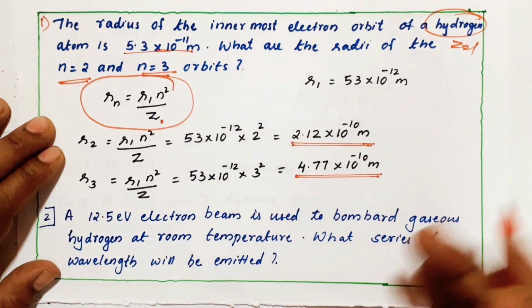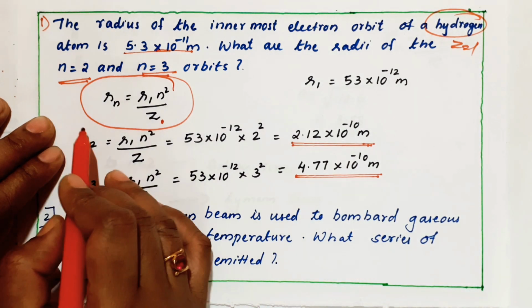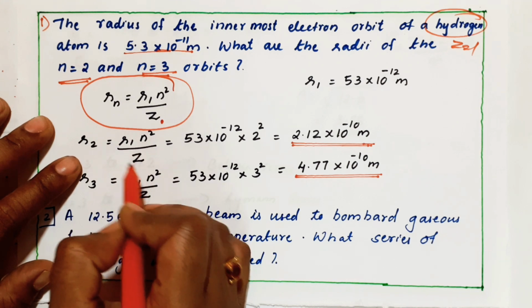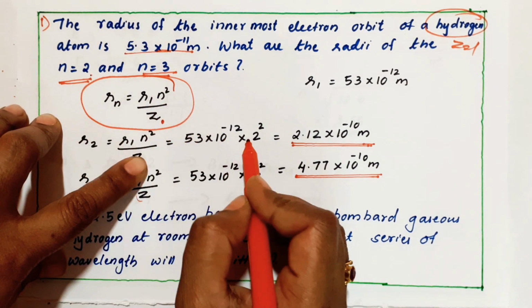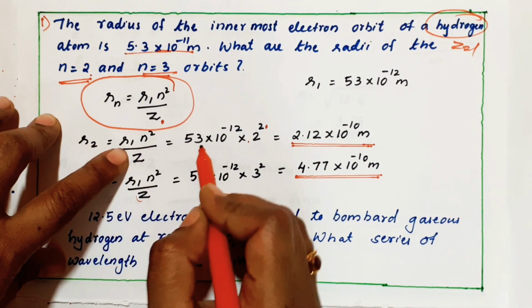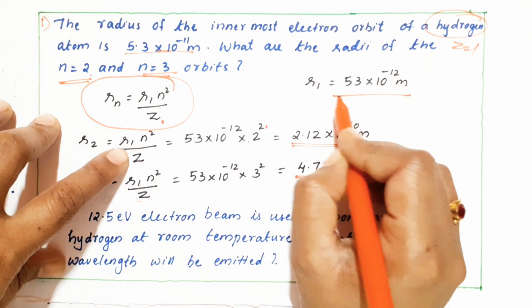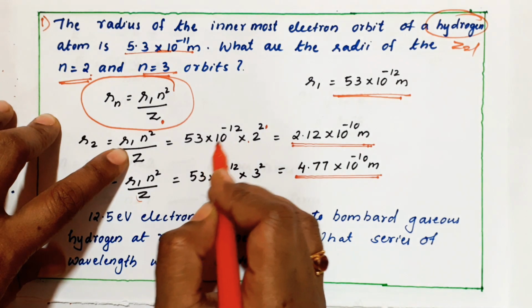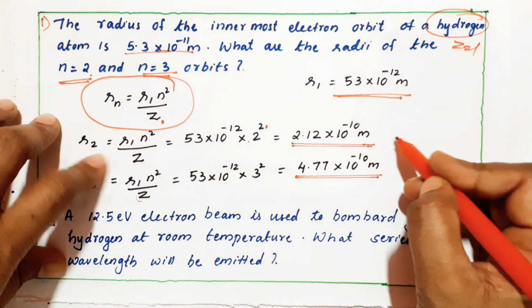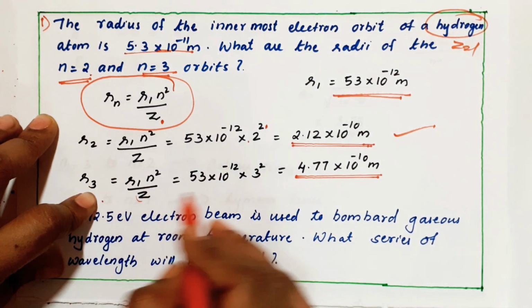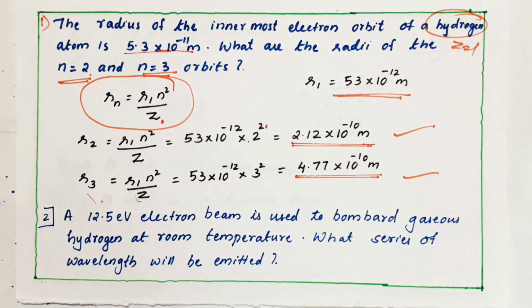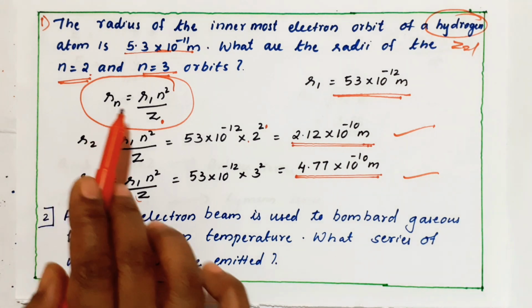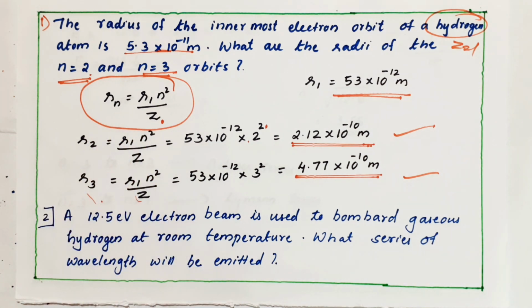If it is not hydrogen, you change it accordingly. So Z equal to 1 for both cases. First case n equal to 2: R1 is 53 picometer, 53 into 10 power minus 12 into 2 square. For n equal to 3: 53 into 10 power minus 12 into 3 square. Simple thing. So remember the radius relation Rn is R1 n square by Z.